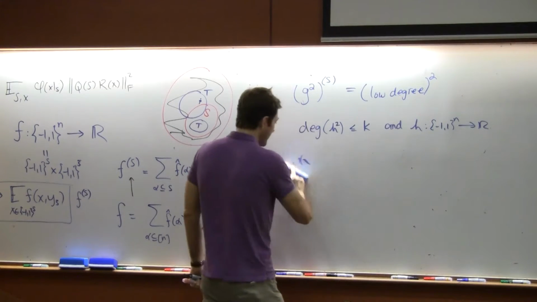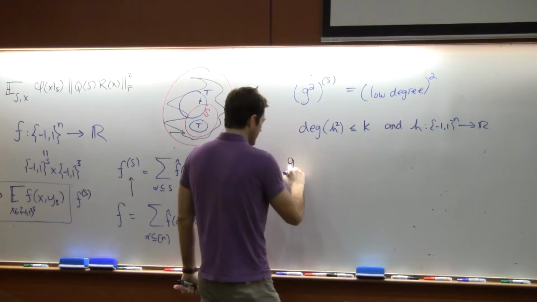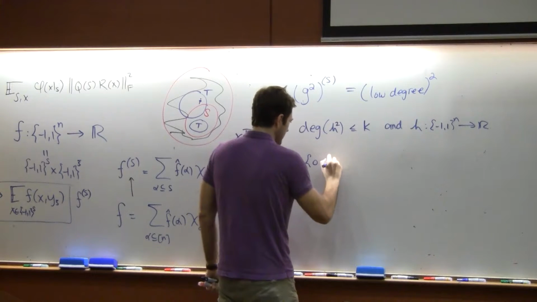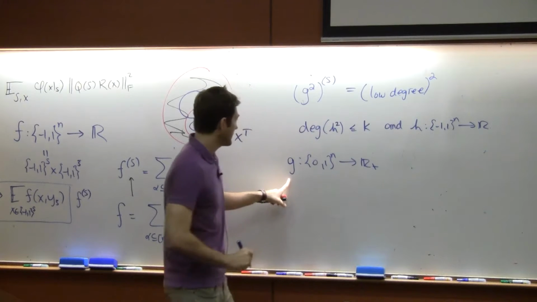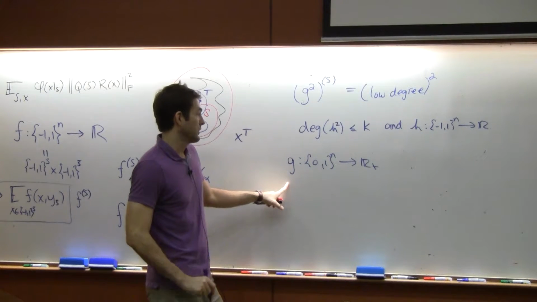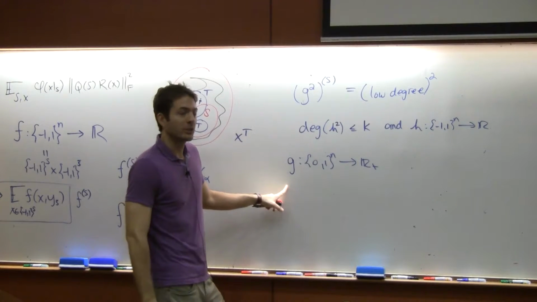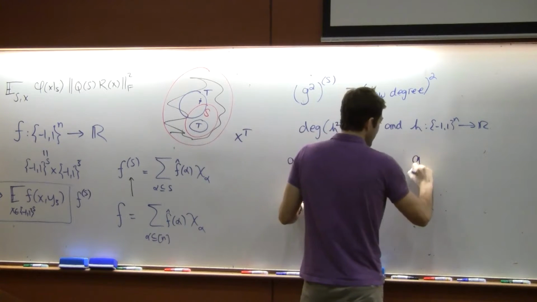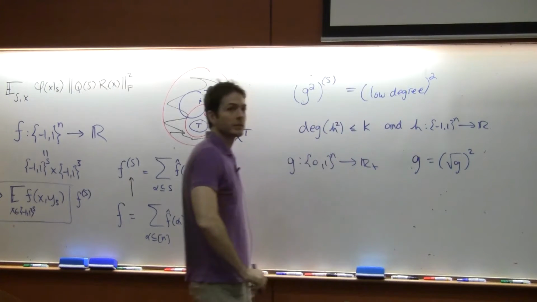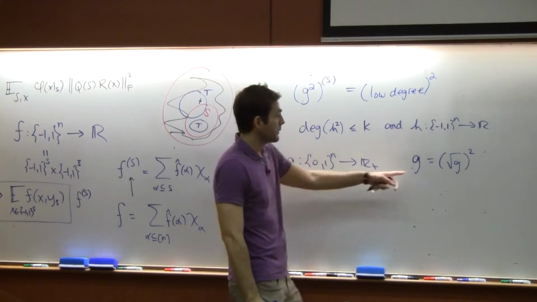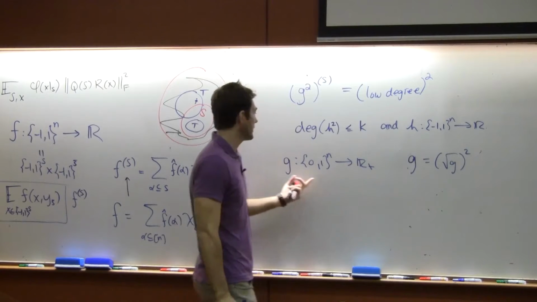is a positive function, so take g. It's positive, so I can take the square root. The square root is a polynomial on {0,1}^n. So g is the square root of g squared. In fact, after we square, we get a low degree polynomial if g was low degree.